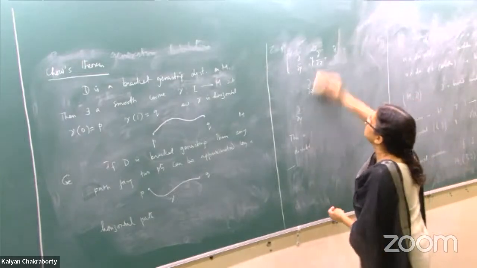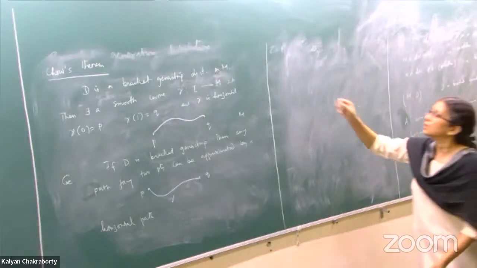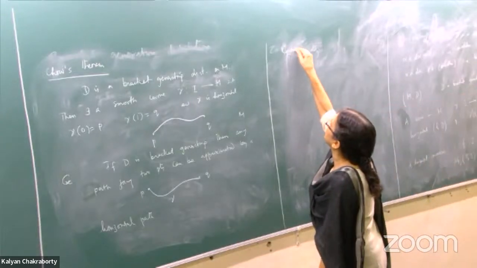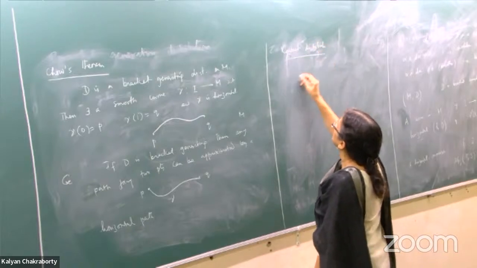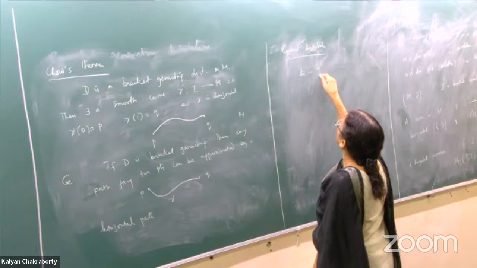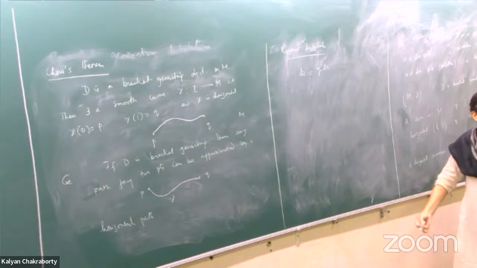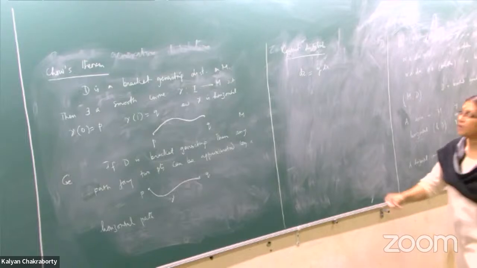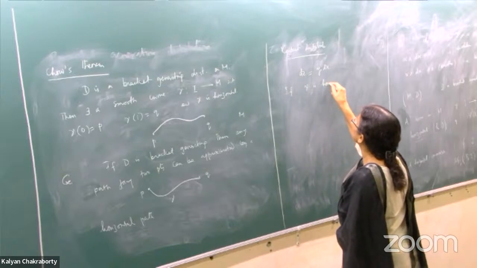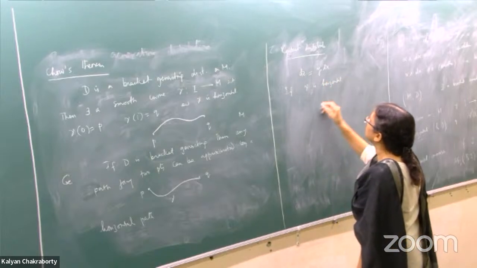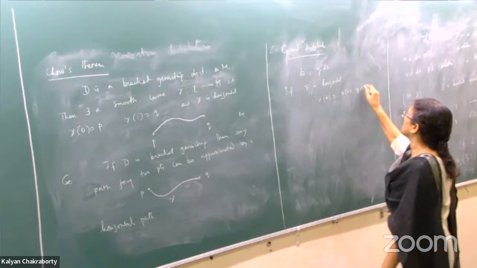But let us explain this in the context of, say, a contact distribution. There, the form is given by this and its kernel. So if gamma is horizontal, I can write gamma of t as x(t), y(t), z(t).